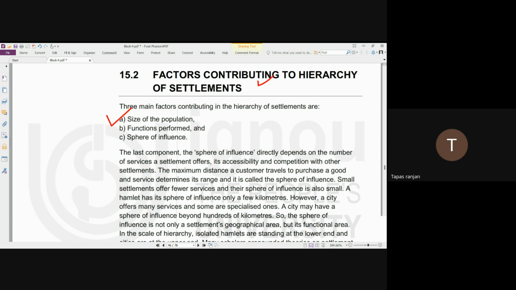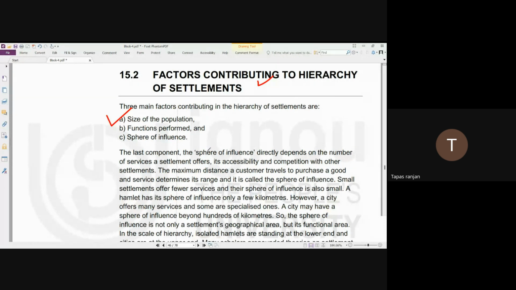Based on administrative function, how are you going to assign numbers to all the Indian cities, the country's major cities? Definitely you will assign Delhi as number one, because in terms of administration it is performing a lot of functions. In that way the hierarchy can be determined.